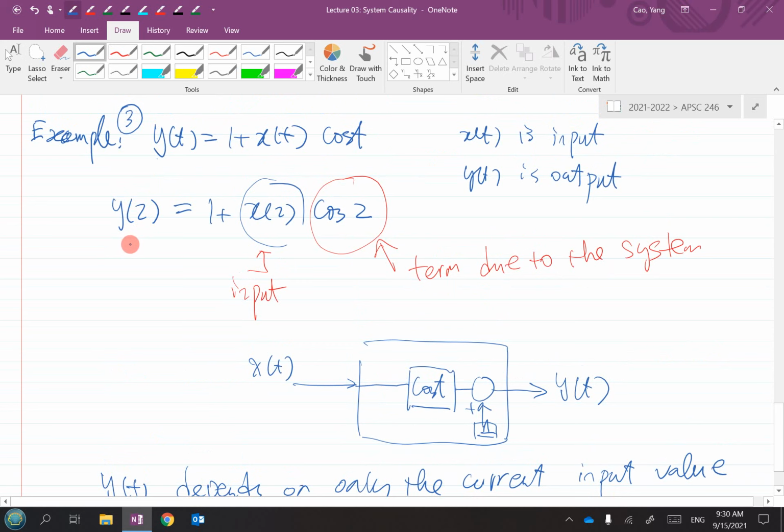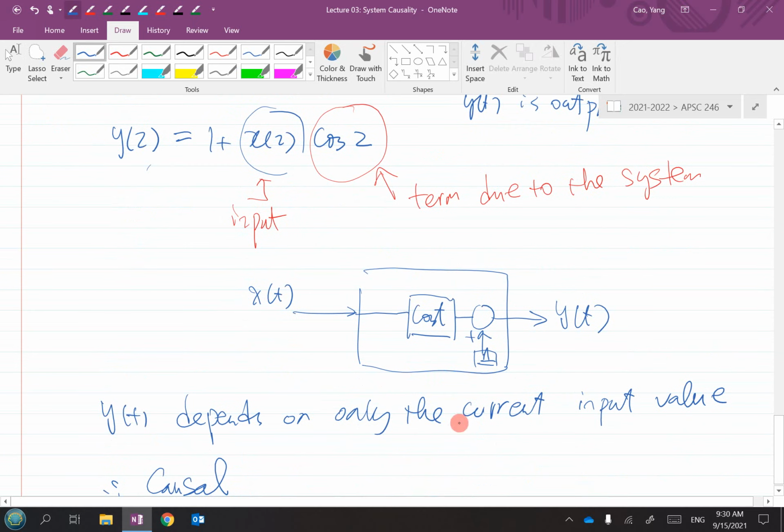When you check causality of the system, you really have to check the whole range of t, from negative infinity to positive infinity. You have to check everywhere. Of course, you can't check everything, but there is the reverse: if you can find one case that gives you a different idea from what I have written here, or that's different from the definition, then you can prove that the system is non-causal.